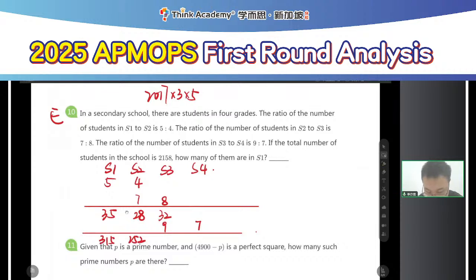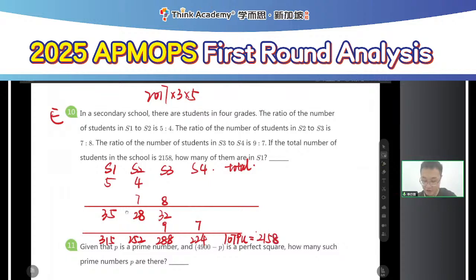I calculated all the questions to give out the solution before this live stream. But again, some methods may not be that good for you. So I try to use the best method here for you to get it, maybe. So the total would then be 1079 units, which happens to equal 2158.